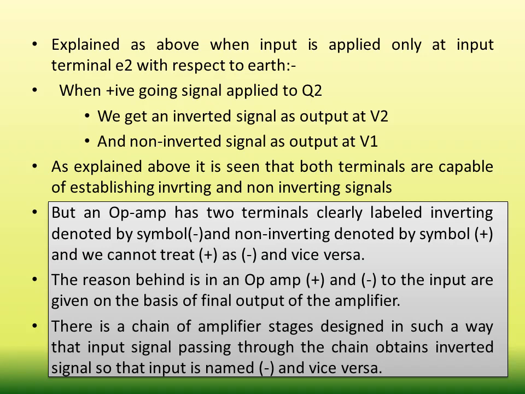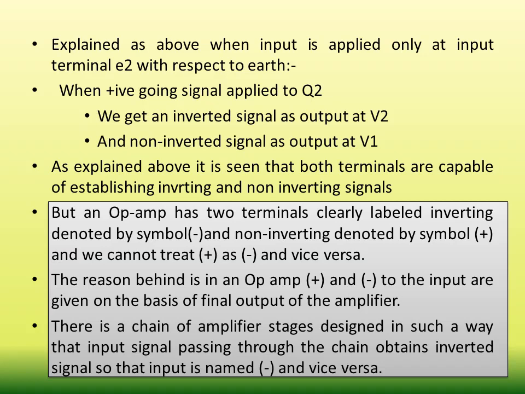As explained above, when the input is applied only at input terminal E2 with respect to earth, and a positive going signal is applied to Q2, we get an inverted signal as output at V2 and a non-inverted signal as output at V1. It is seen that both terminals are capable of establishing inverting and non-inverting signals.